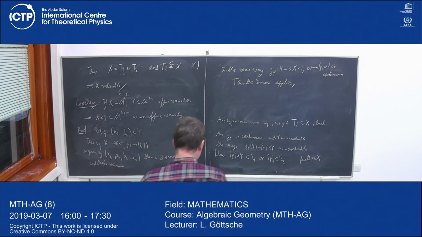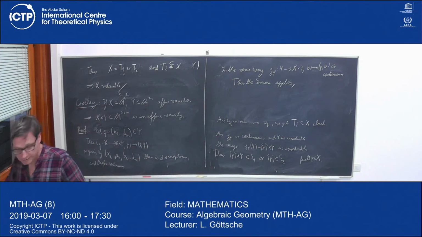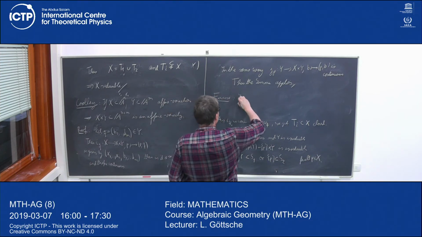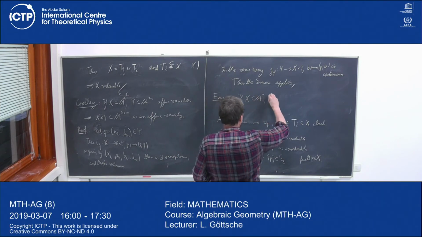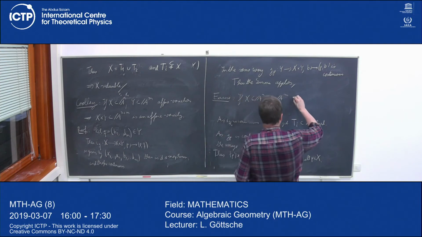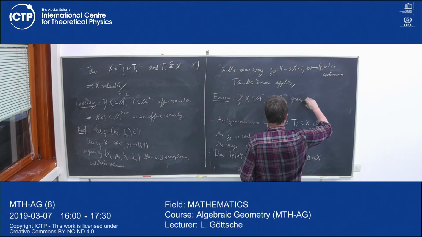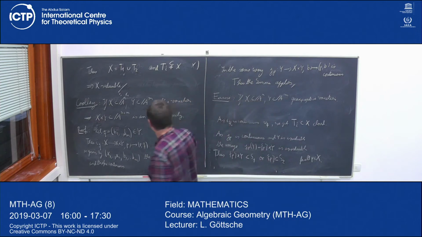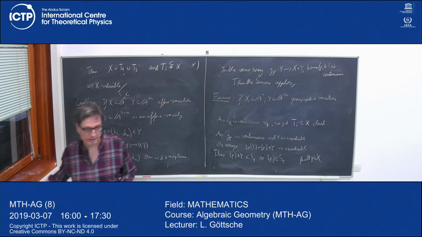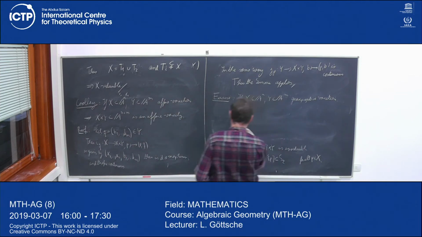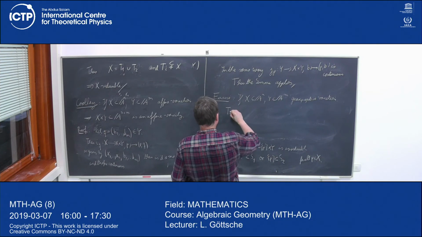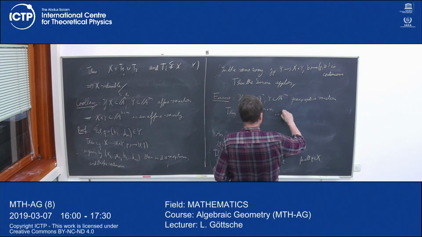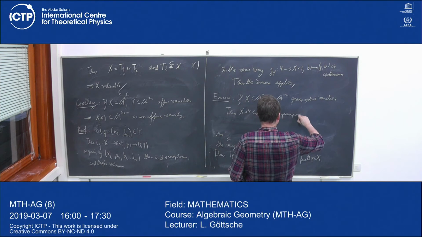Maybe I should also mention, good for this exercise, if x in A^n and y in A^m are quasi-affine varieties, then their product will also be a quasi-affine variety.